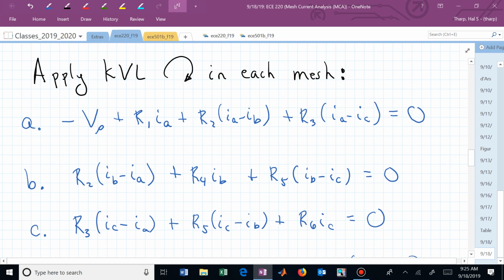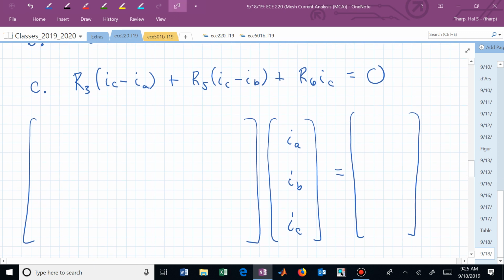If you're comfortable with this, then you could actually, by inspection, put that mesh information into a matrix structure. So here's how you could do it. The first row is going to be mesh A, the second row is mesh B, and the third row is mesh C. And we're trying to find these unknown mesh currents, I sub A, I sub B, and I sub C. Currents times what give us voltage?